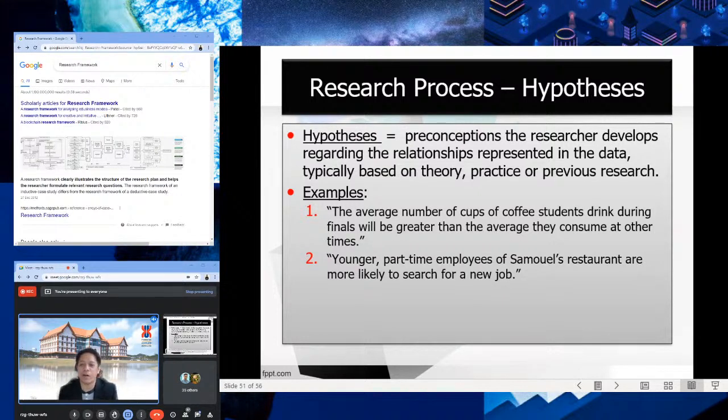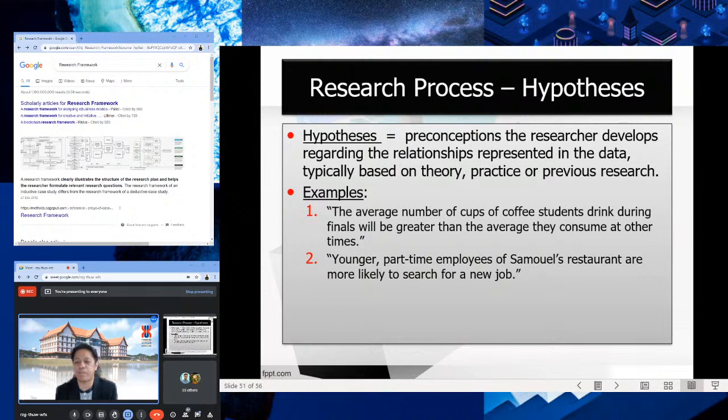Mostly non-scientific or non-technology people are a bit confused about hypothesis. A hypothesis is very simple actually. It is a preconception the researcher developed regarding the relationship represented in the data, typically based on theory, practice, or previous research.